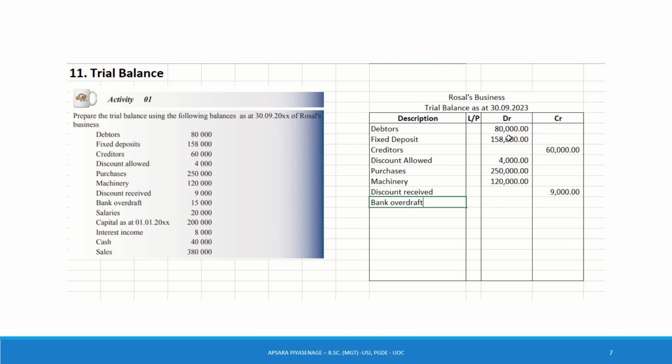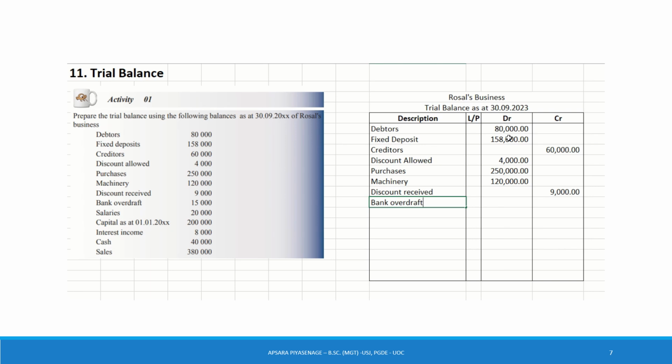For example, if you have a 50,000 balance in your current account and you have to issue a check of 100,000, you can discuss with the bank and request to issue a check exceeding that 50,000. You can issue the 100,000 check by getting this facility, bank overdraft facility.